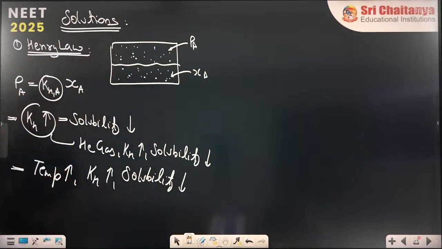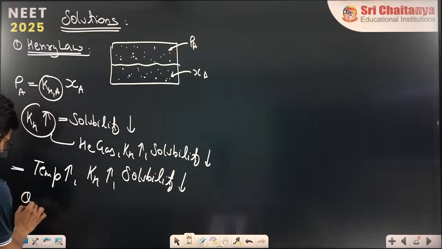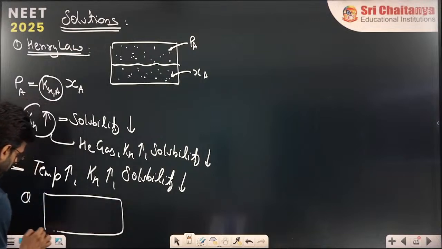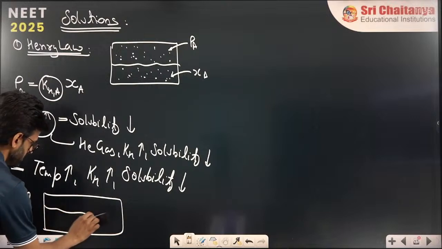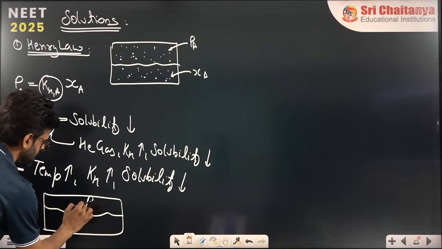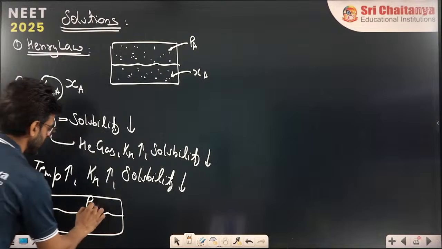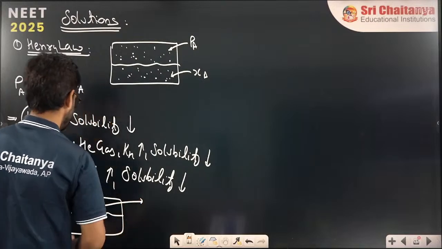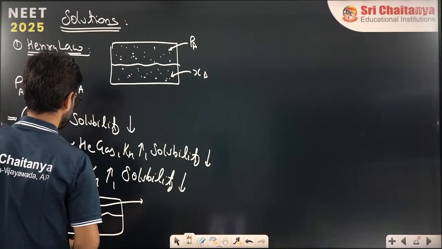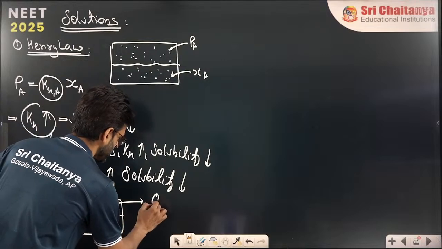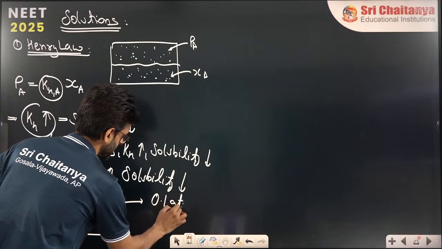A small question we can see. They are saying the partial pressure of CO2 gas is given to us. The partial pressure of CO2 gas is 0.1 atm, imagine.